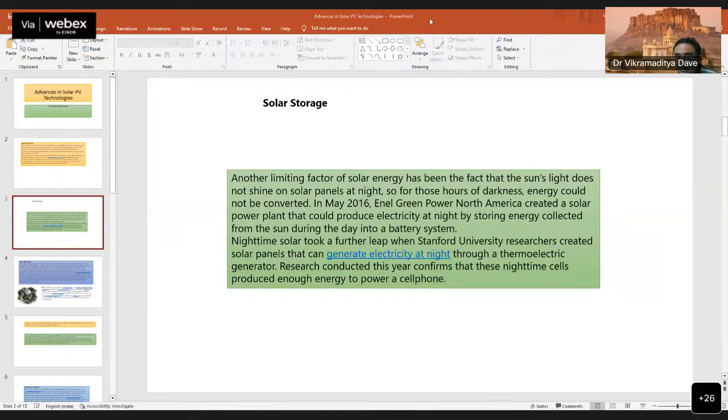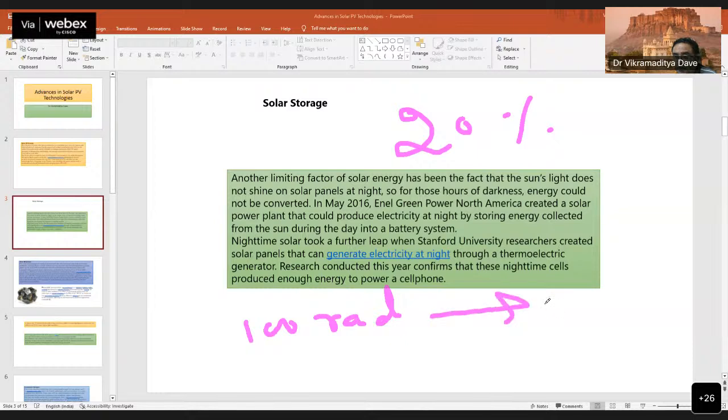If a panel has 20% efficiency, it means if 100 radiations are falling on the solar panel, only 20 are converted into electricity. So where do the other 80 go? The 80 radiations go waste in the form of heat.